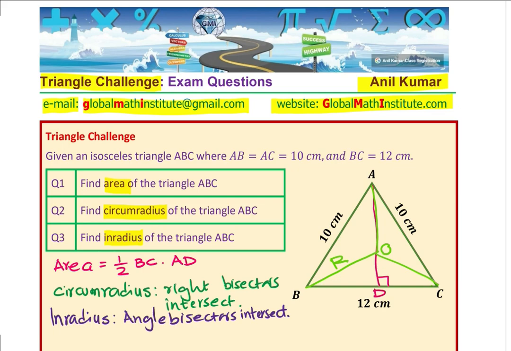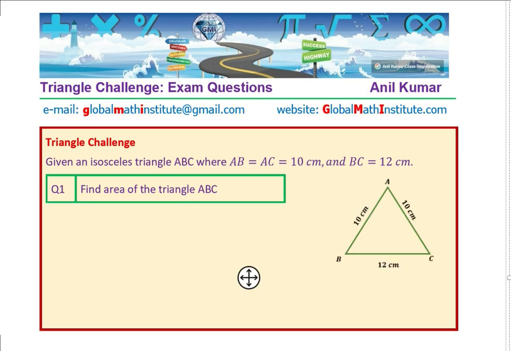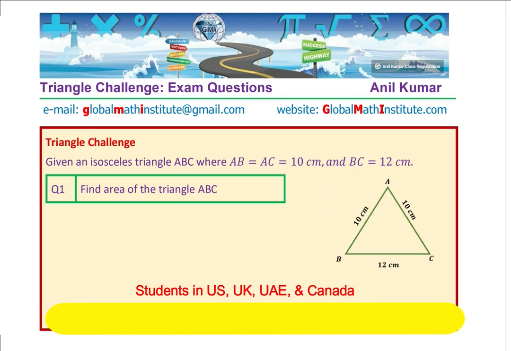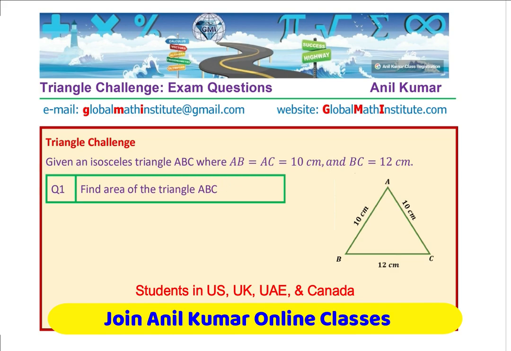Now, let us solve these questions one by one. So the very first one is to find the area of this triangle ABC. So area is half base into height. To find the height, we can drop a perpendicular from A to BC.